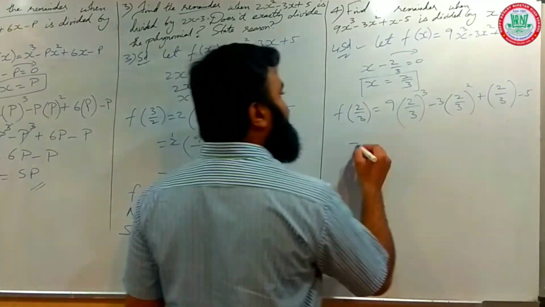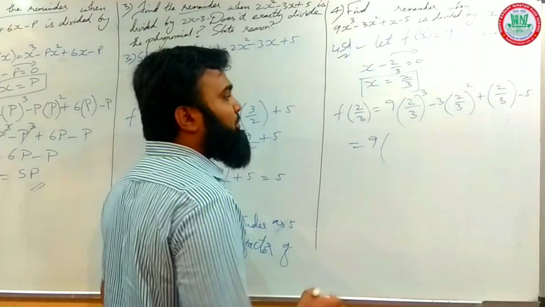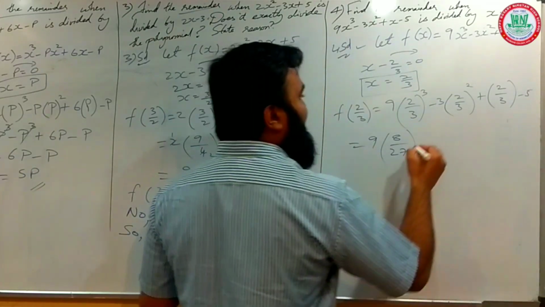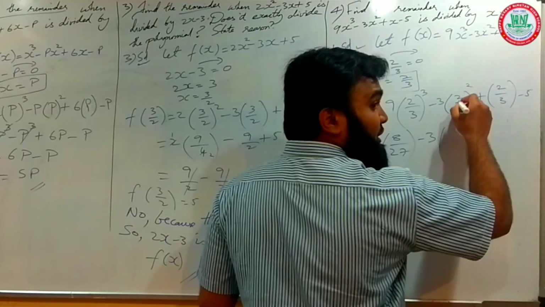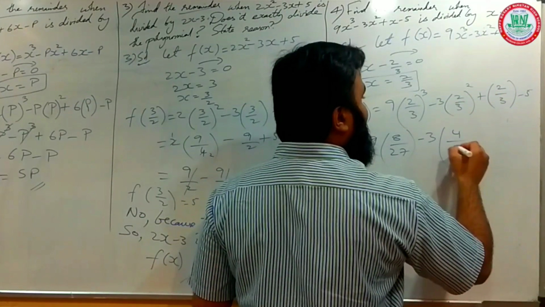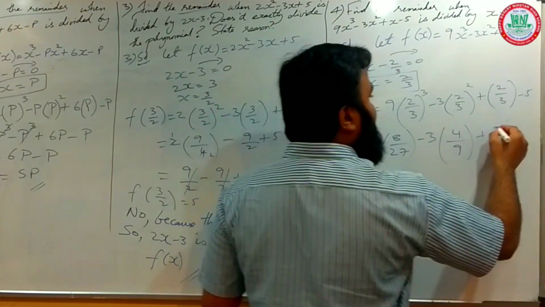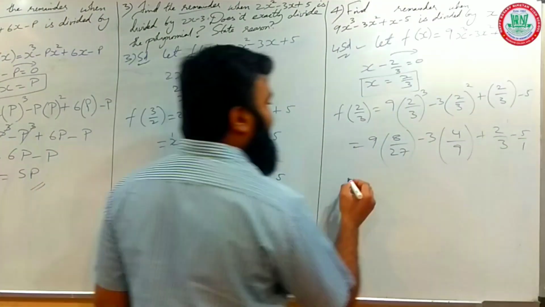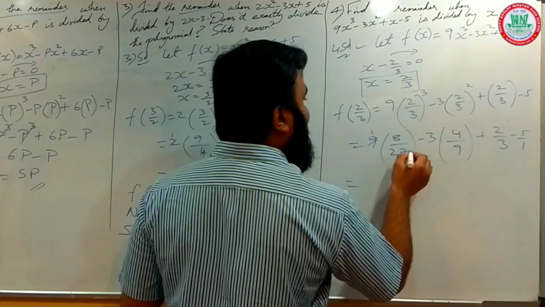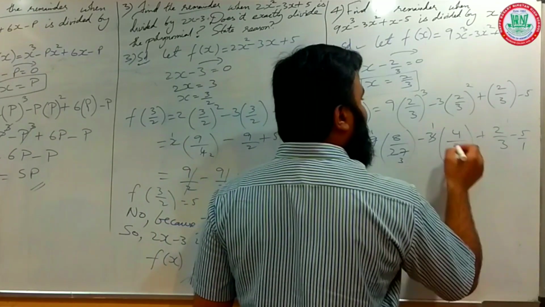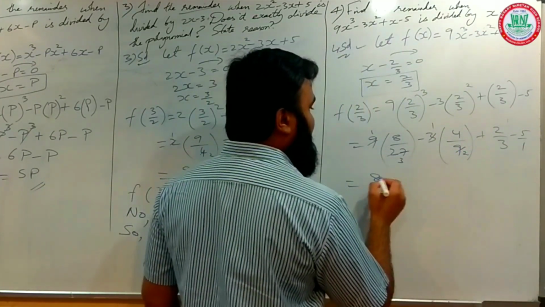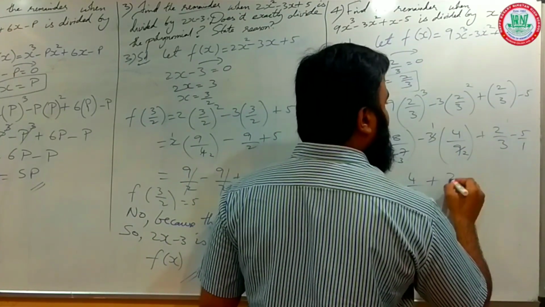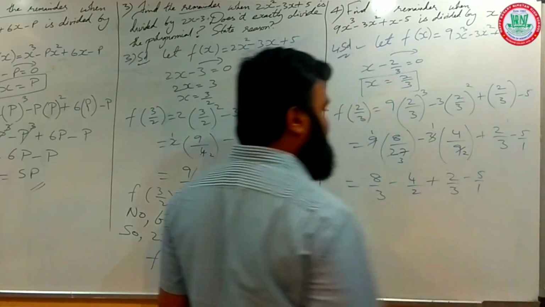Which is equal to 9 × (2/3)³: 2 2s are 4, 4 2s are 8, over 3 3s are 9, 9 3s are 27, minus 3 × (2/3)², which is 4/9, plus 2/3 minus 5/1. Now we can cancel: we get 8/3 − 4/3 + 2/3 − 5/1.